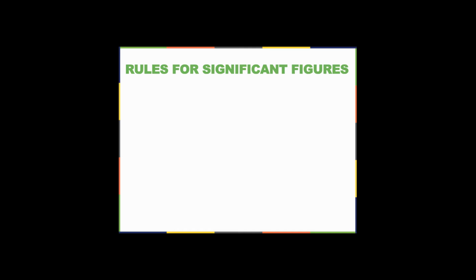And so the number of significant figures of an answer cannot be greater than the number of significant figures in the least precise measurement, or the measurement that has the lowest number of significant figures. So that's why we're going through all these rules, so as you do problems, you understand how to express the answer in the proper precision.